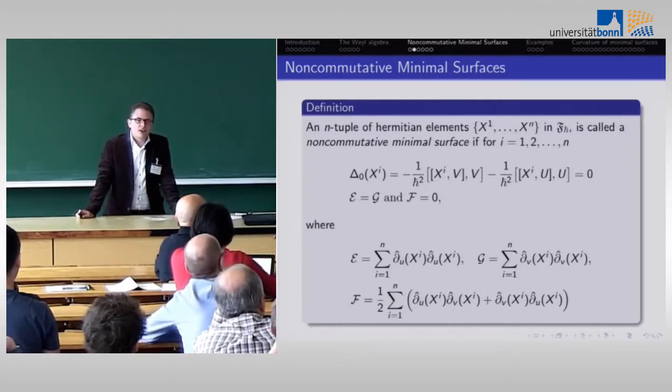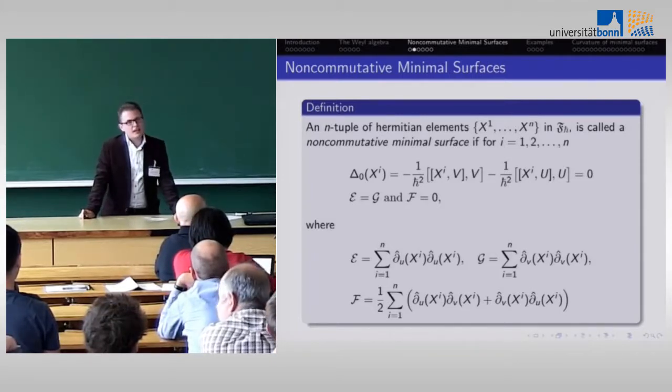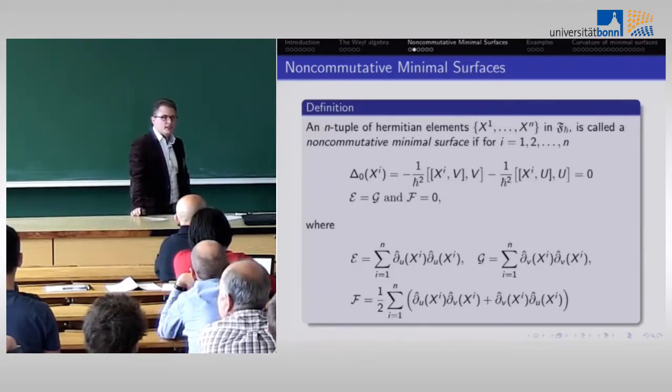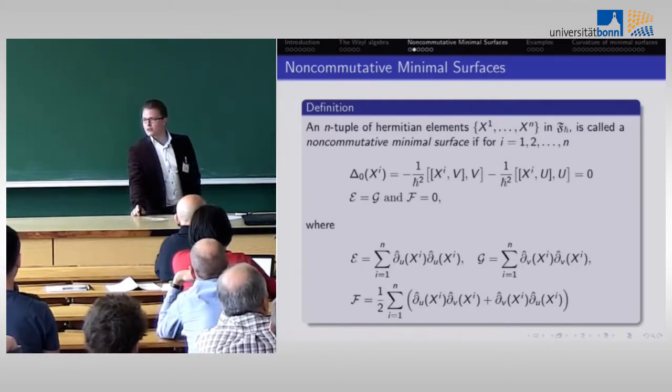For instance, for minimal surfaces in R3, there is the Weierstrass representation formula. It tells you that every minimal surface in R3 can be written in a very particular form, an explicit form, so to speak. And these are exactly all the minimal surfaces you can get.